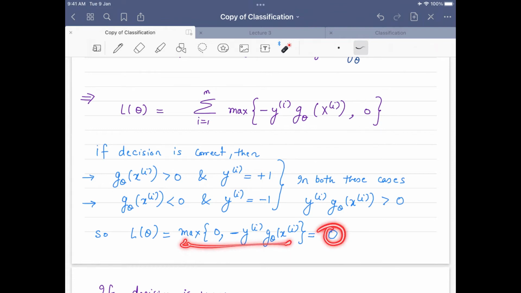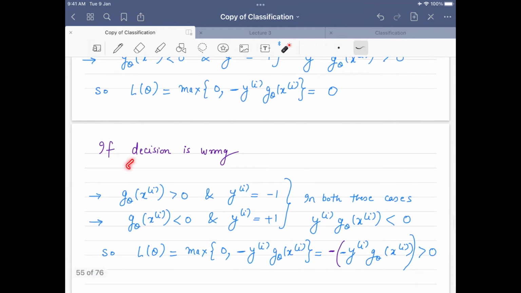So if your decision is correct, your loss is 0. That is what you want from any classifier, because if the decision is correct and you still have a high loss, there is no point in having that classifier. So whenever your decision is correct, the loss function should be 0. This is quite evident and can be seen from this equation also.